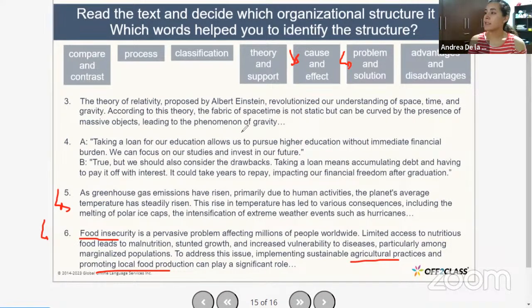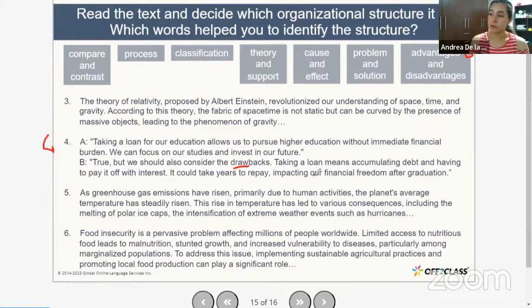And then you have advantages and disadvantages. So maybe it says, taking a loan for our education allows us to pursue higher education without immediate financial burden. We can focus on our studies and invest in our future. True, but we should also consider the drawbacks. Taking a loan means accumulating debt and having to pay it off with interest.